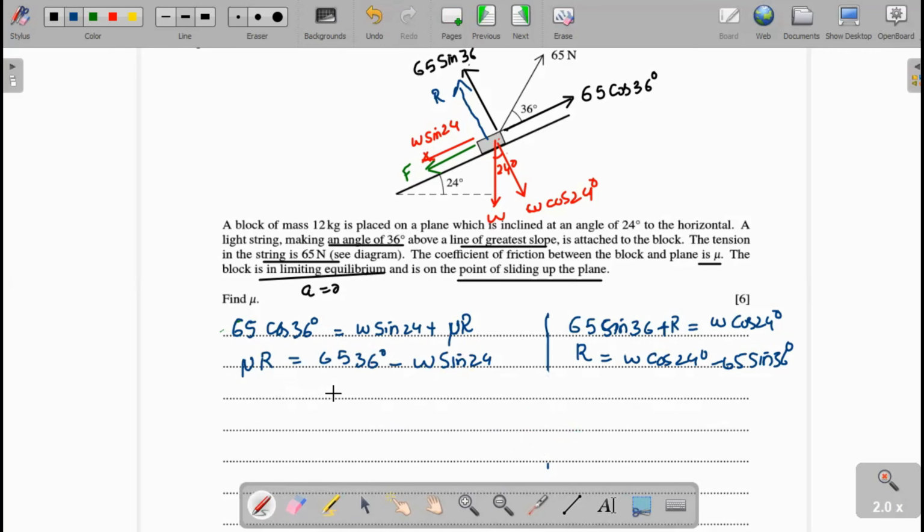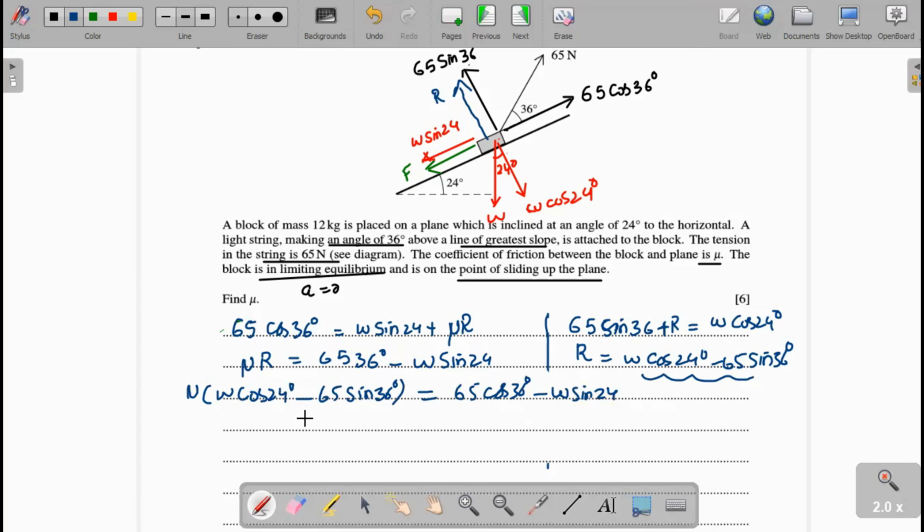Now we put in the value of R: mu times (W cos 24 degree minus 65 sine 36 degree) equals 65 cos 36 degree minus W sine 24 degree.